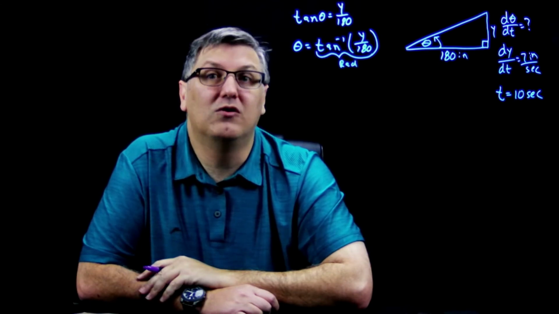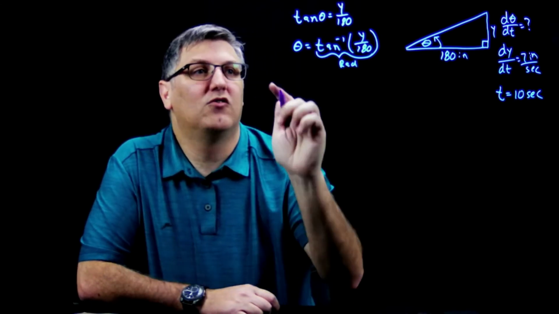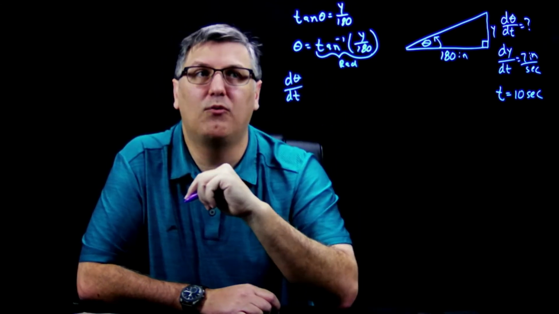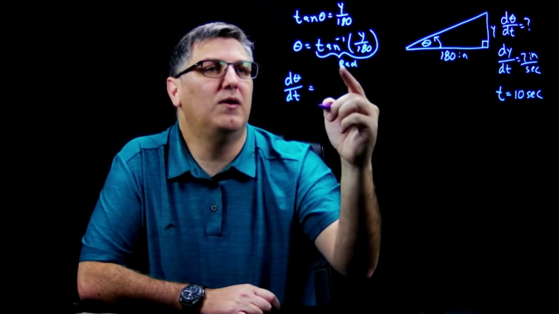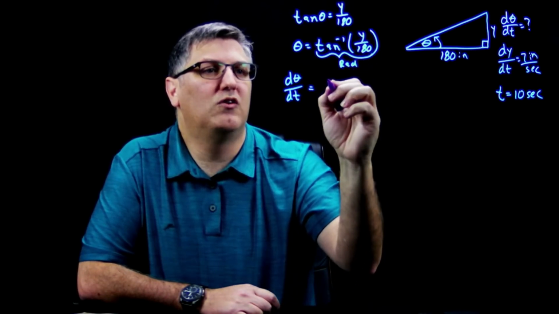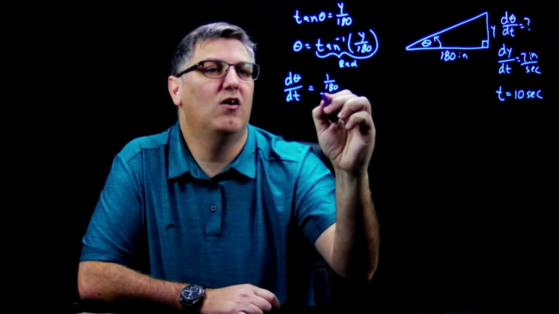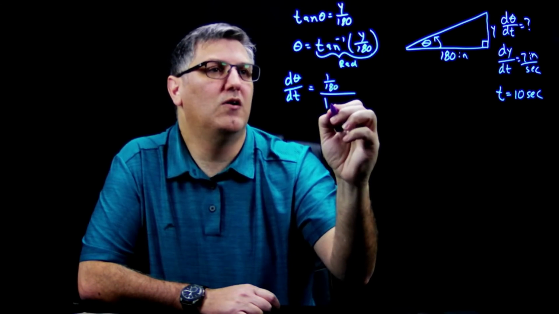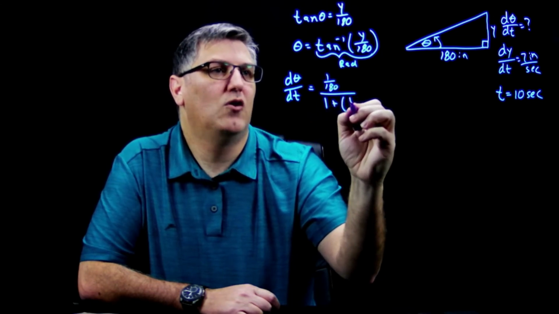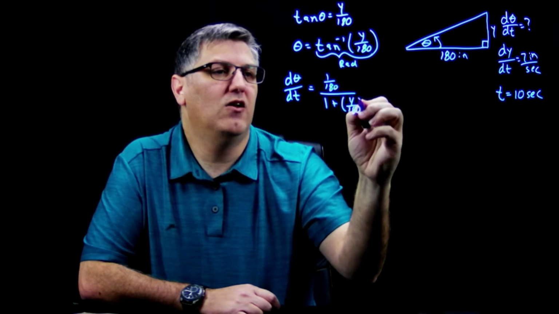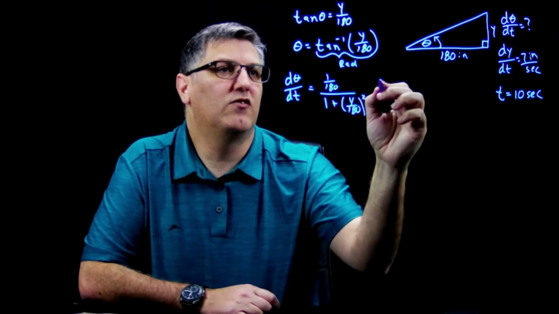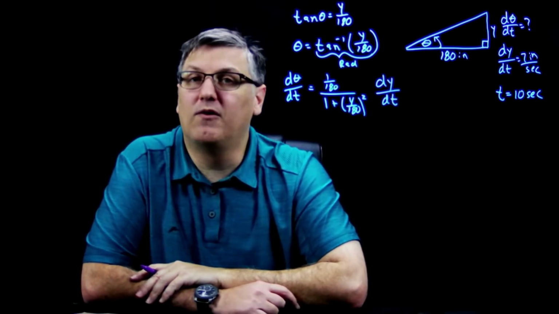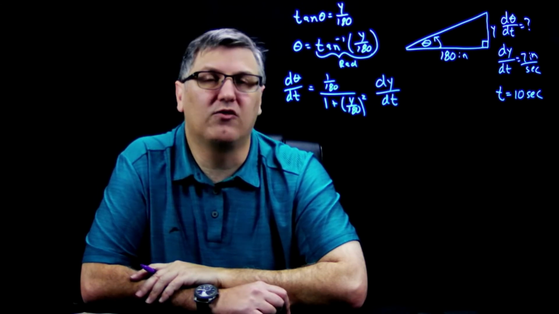All right, let's do some derivatives. So I'm going to do d theta dt, take the derivative of theta with respect to time, and this is going to be 1 over 180 over 1 plus y over 180 squared, times dy dt. So we took the derivative of arctangent. Let's simplify this out.